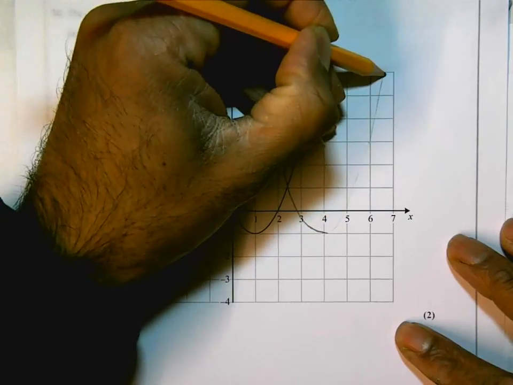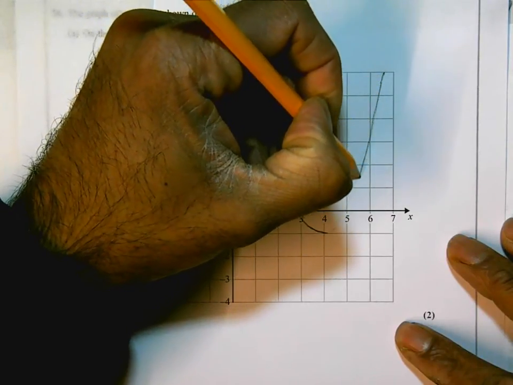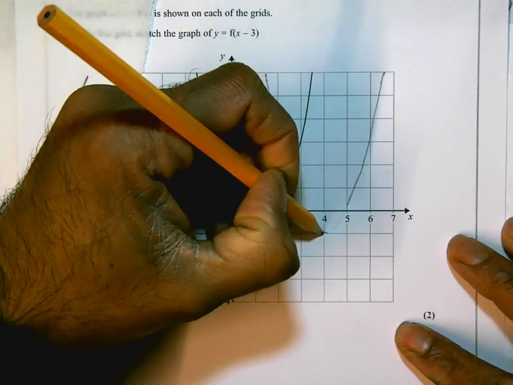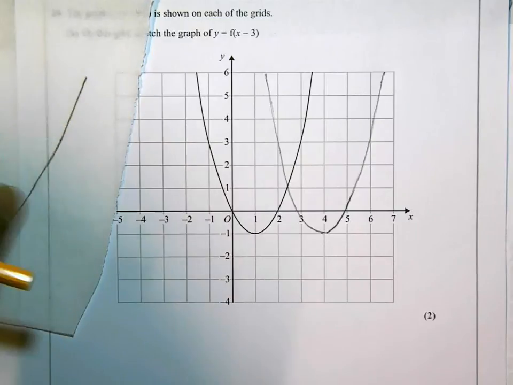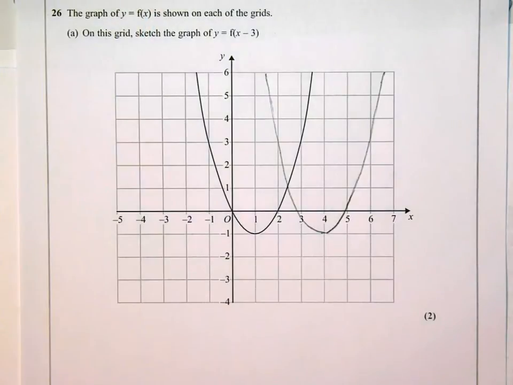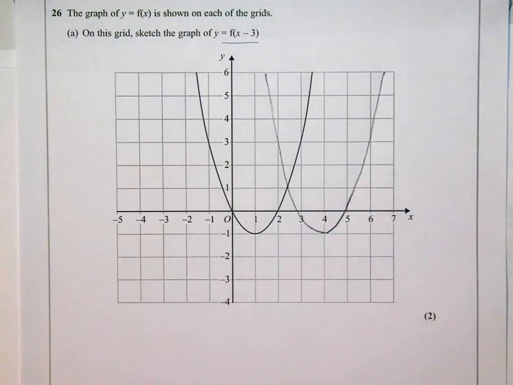A lot of people do have difficulty with this, not only getting where the graph should go, drawing the curve as well, and that there is enough for me to get full marks in this. Two pretty straightforward marks. Because it's f of x minus 3, it's going to go 3 units in the rightwards direction.